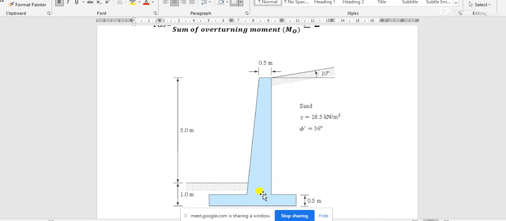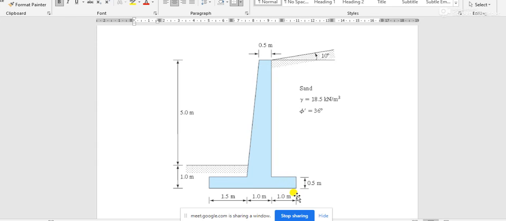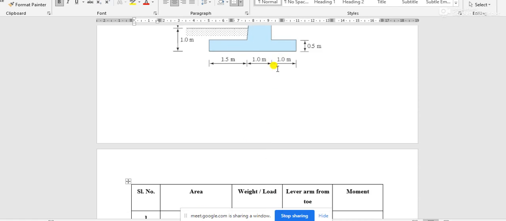For this part, this rectangular section, that is 0.5 multiplied by... sorry, not 5 meter, but this one is 0.5 meter, means 5.5 meter. 5.5 is the height of the rectangle and thickness or width of the rectangle is 0.5 meter.